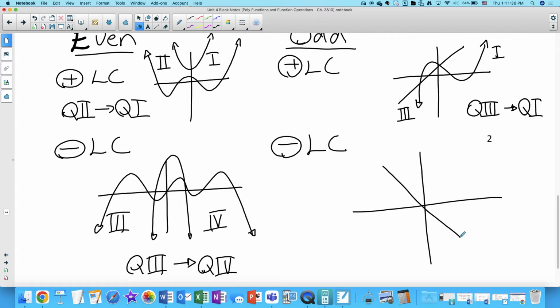Parabola opening up, parabola opening down. And then you've got the even ones. Okay, so we could also have that. That's also odd. Okay, so this one goes Q2 to 4.